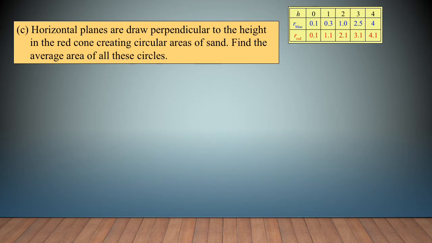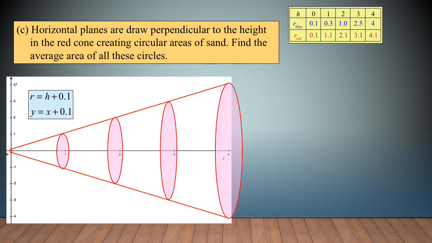Part C reads, horizontal planes are drawn perpendicular to the height in the red cone, creating circular areas of sand. Find the average area of all of these circles. The key to this is in the drawing. Even though our cone is vertical, it makes more sense to draw them horizontally, and we will do this for the rest of this problem.